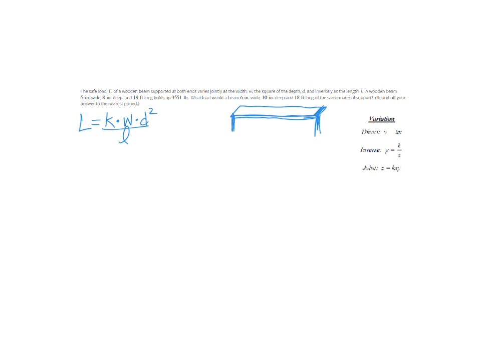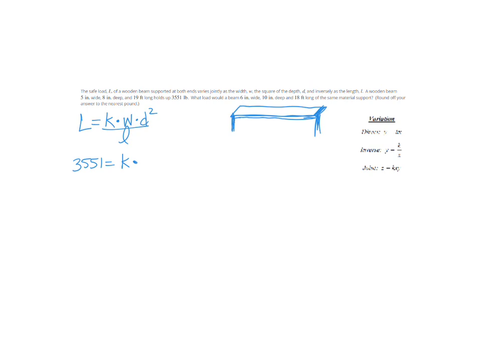Here we go. Okay, here we go. A wooden beam is 5 inches wide, 8 inches deep, 19 feet long. And it holds up 3,551 pounds. All right, that's all the info we need to fill in so that we can go figure out K. So the load is the 3,551. I don't know the K for this particular beam.